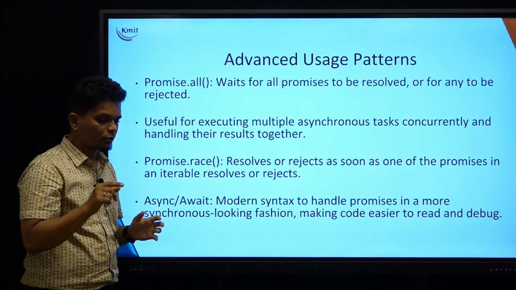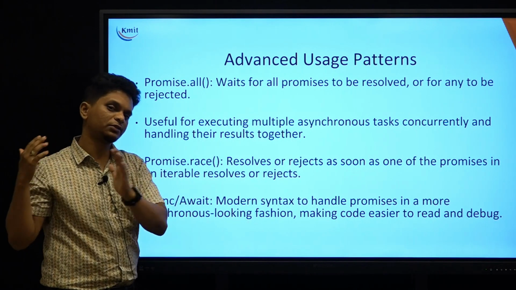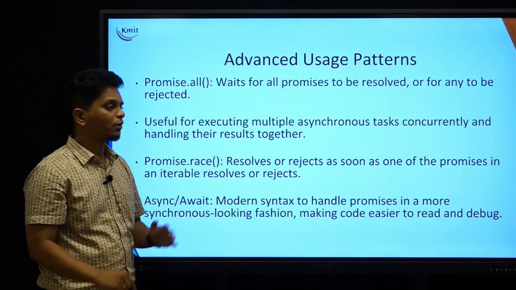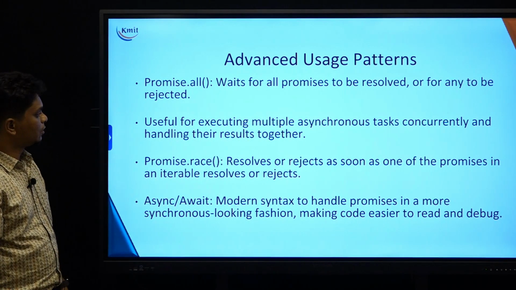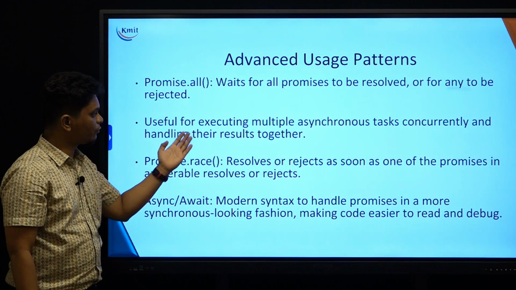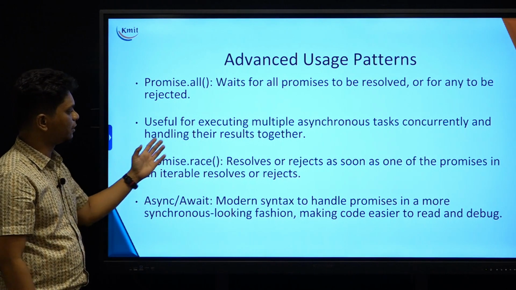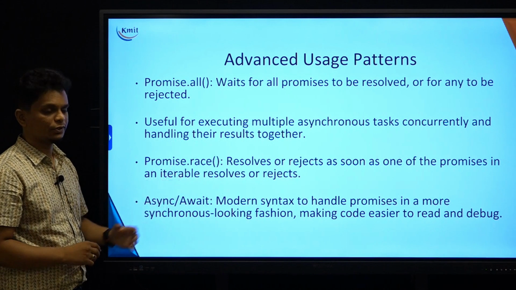So when we use promise.all, it either waits for all the promises to be resolved and then it resolves, or it will stop at any point if an error occurred. This is useful for executing multiple asynchronous tasks concurrently and handling their results together. So promise.all has this usage.